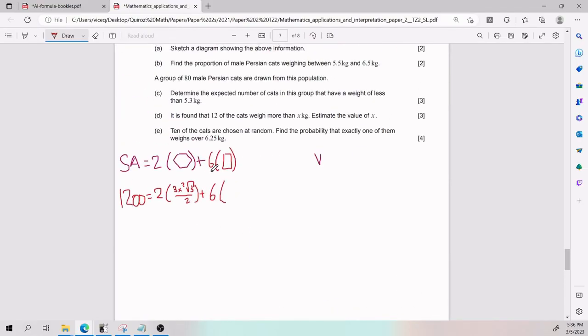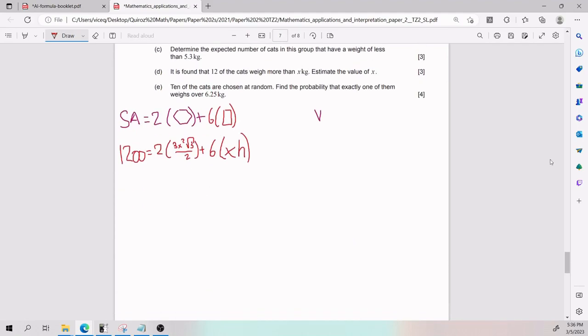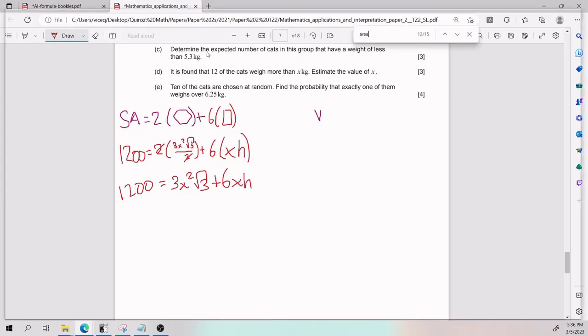See? So we're going to put 6xh, right? Straight from the diagram, there it is. Perfect. So now if I go ahead and sort of work around with this, I end up with 1200 equals 3x squared, square root of 3, because this 2 and this 2 goes away, plus 6xh. All right, so that is for surface area.